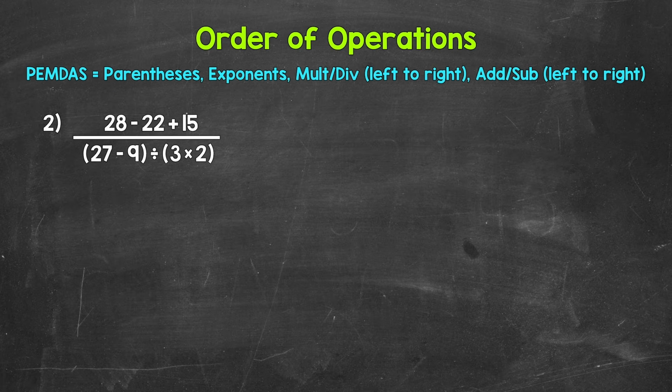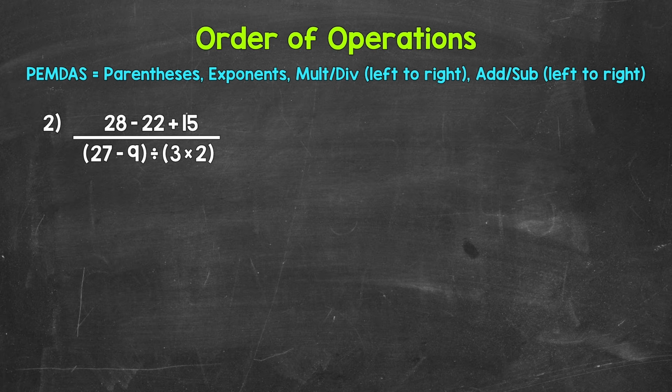So now we can take a look at number 2, where we have 28 minus 22 plus 15 on top. And then below the fraction bar, we have in parentheses 27 minus 9 divided by, and then in parentheses 3 times 2. Let's start with the top. So we have subtraction and addition, which are on the same level.